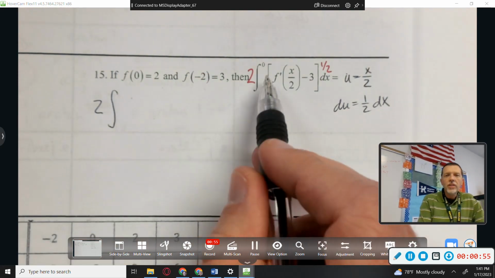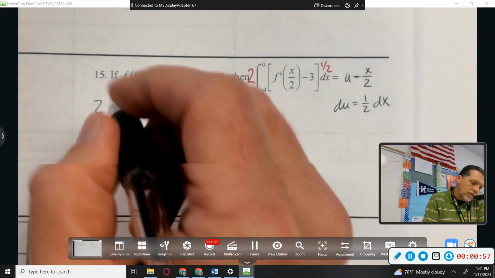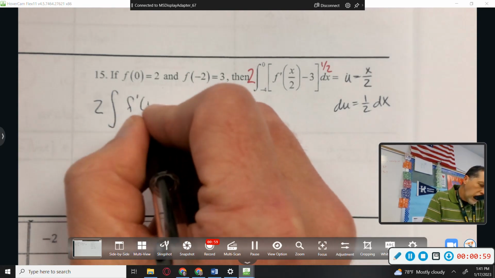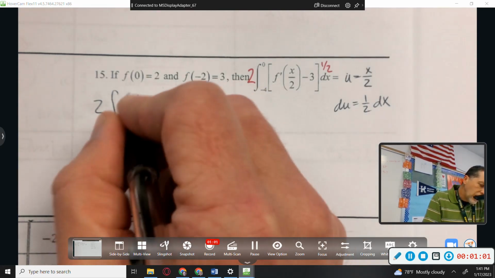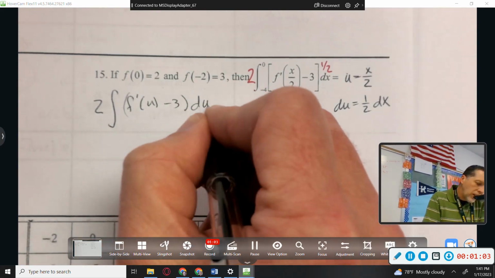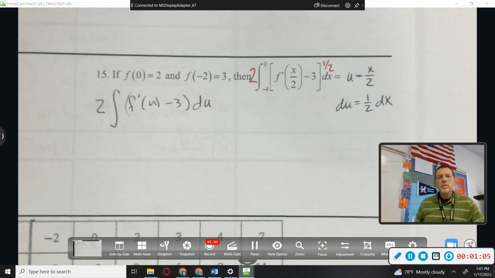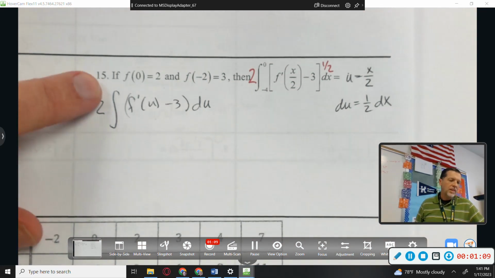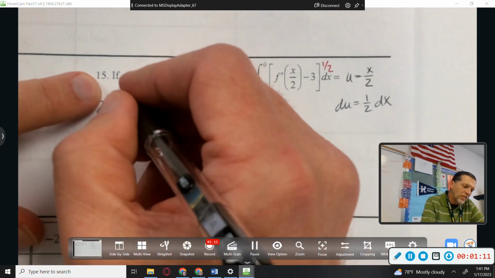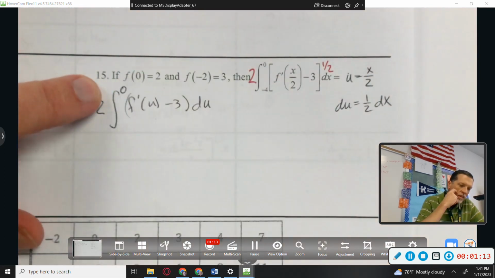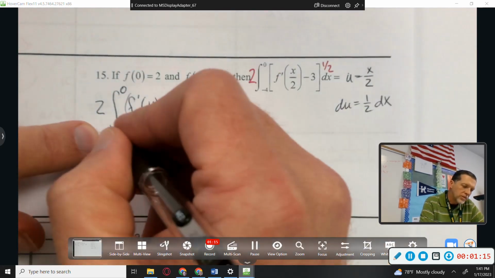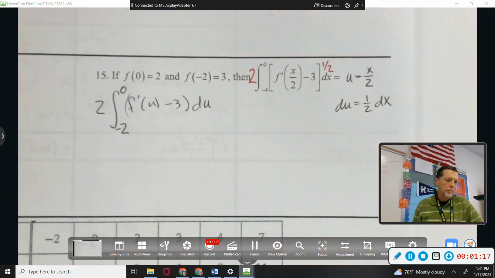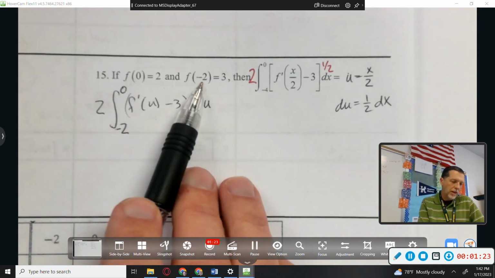Let's leave off the units for now. f prime of u minus 3 du. Changing these limits is easy. 0 over 2 is 0. Negative 4 over 2 is negative 2. And I'm getting a glimpse of why they gave me f of 0 and f of negative 2 here.